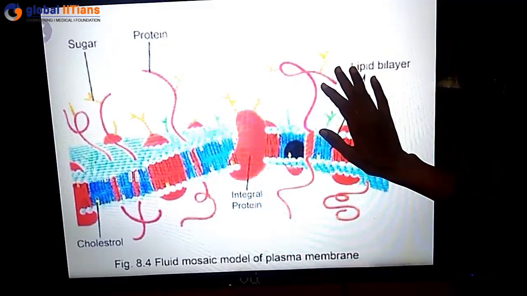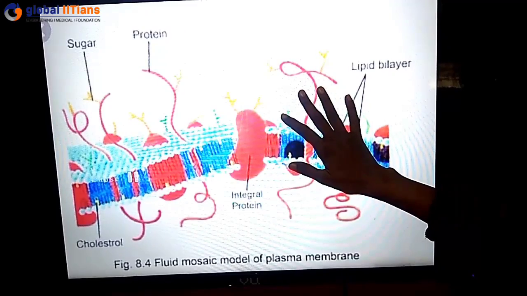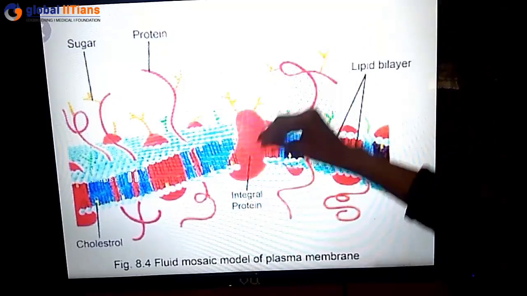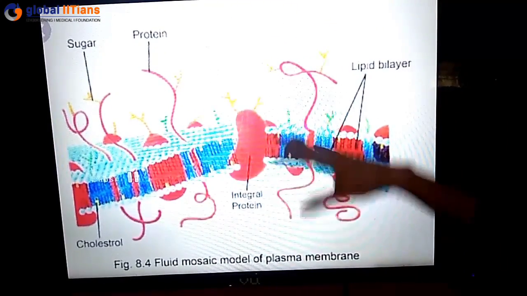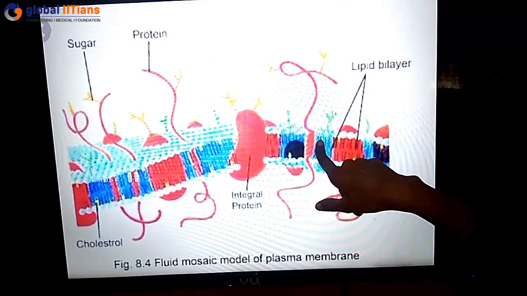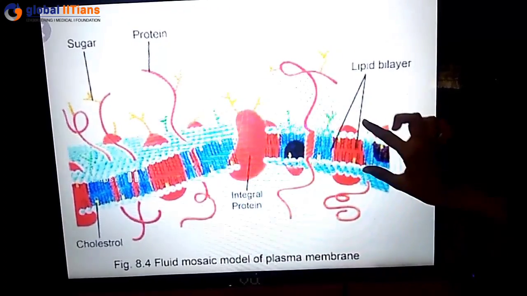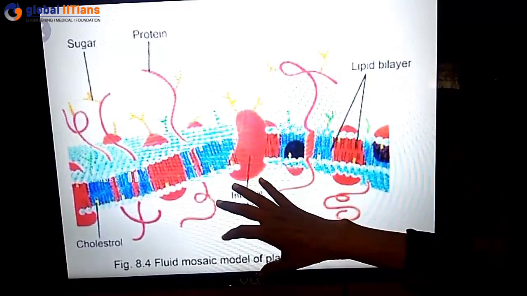What is it called? Movement from higher concentration to lower concentration. This is also called osmosis, from higher concentration to lower concentration. When a molecule moves without the expenditure of energy through a semi-permeable membrane, it is called osmosis. That is important. Then, when polar molecules cannot pass through the non-polar bilipid layer, they require a carrier protein and expenditure of energy to move.